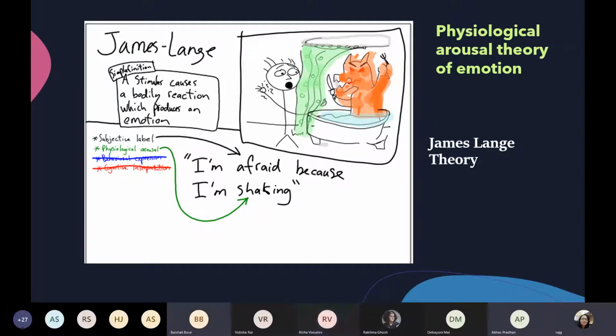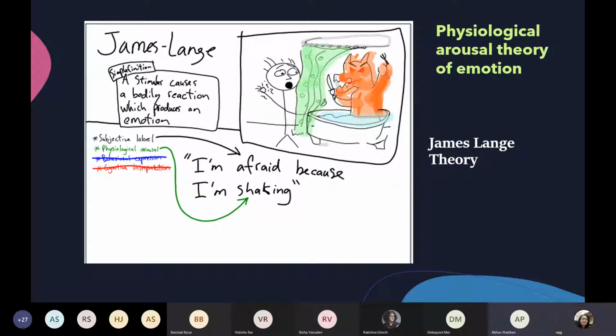So once you shiver, then you say, अरे मुझे तो डर लग रहा है. You laugh and then you say, मैं बहुत खुश हूँ. Does that happen? It may happen, ma'am. Not always, sometimes. Okay. What happens?